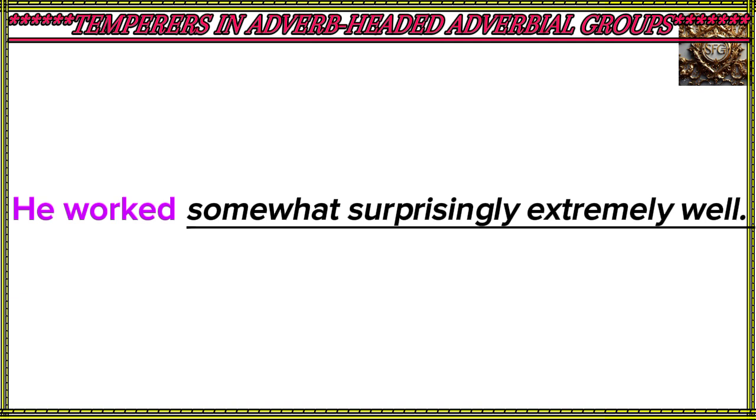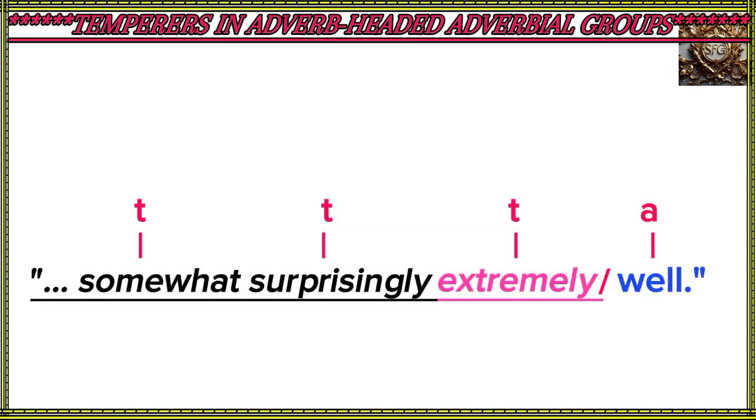He worked, somewhat surprisingly, extremely well. Somewhat surprisingly extremely well in this sentence is an adverb-headed adverbial group. Somewhat and surprisingly in this group are intensifiers, premodifying another intensifier, extremely, within the group.